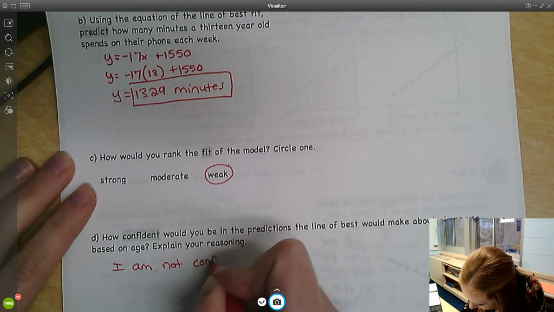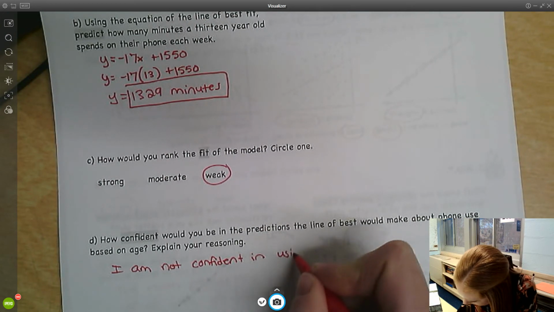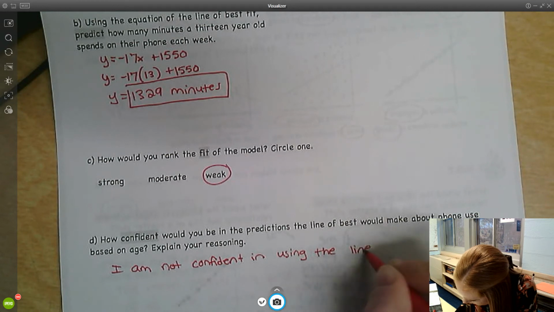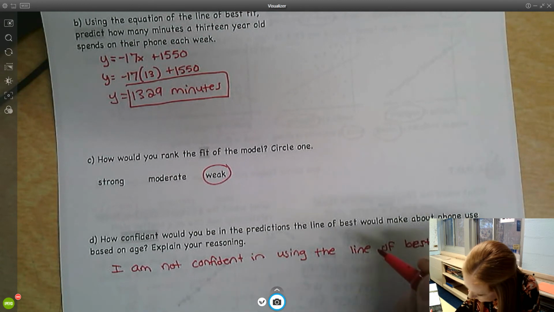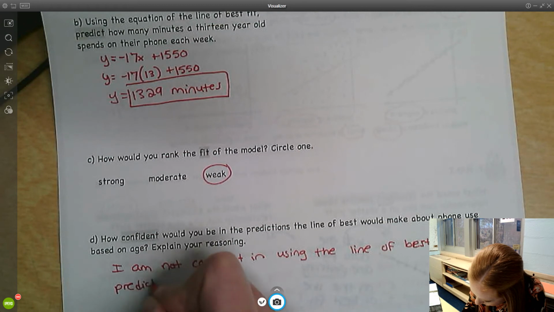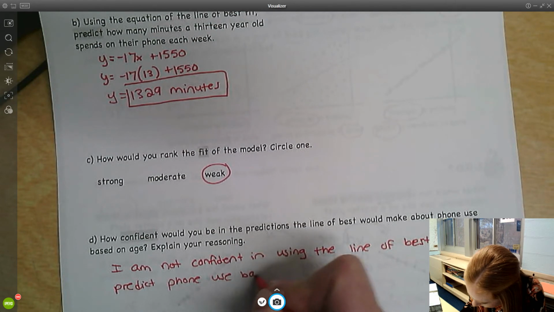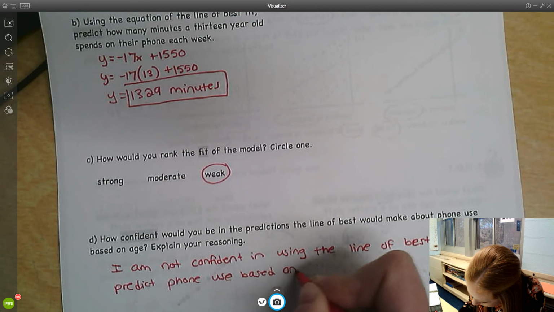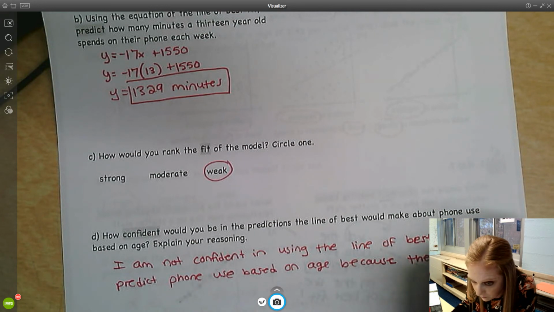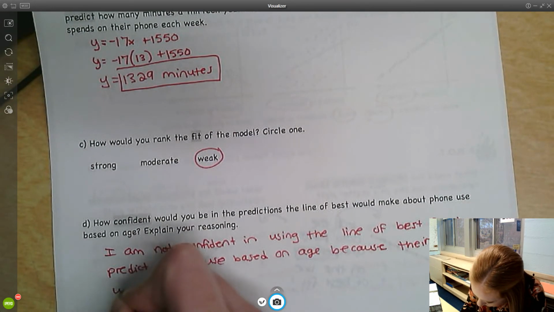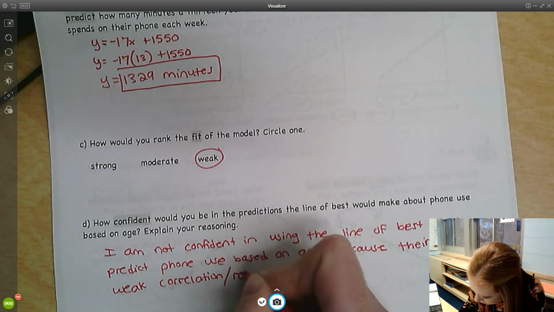I am not confident in using the line of best fit to predict phone use based on age because there is a weak correlation / relationship.